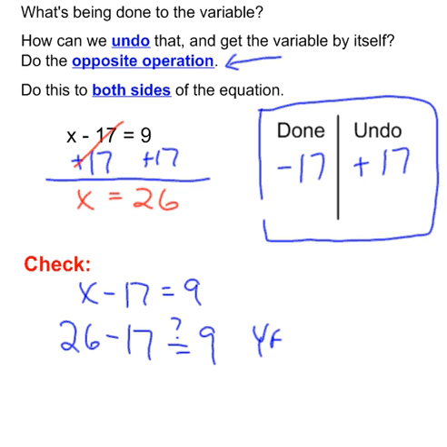It is a true statement, so that means that we're correct and that the solution to the equation x minus 17 equals 9 is x equals 26. So pay attention to this do, undo table over here because we want you to get used to using that. It helps you keep from getting confused while you're solving an equation.